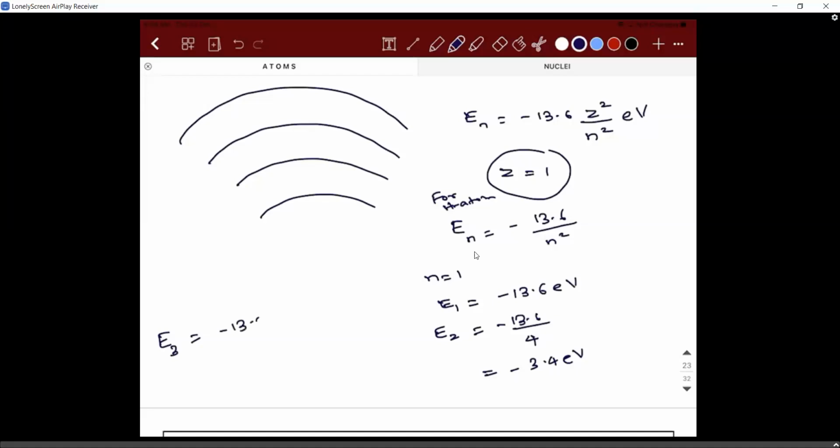Minus 13.6 divided by 9. You will get minus 1.54 electron volts. What about the fourth orbit? Minus 13.6 divided by 16. Minus 0.85, something like that. It keeps on going.